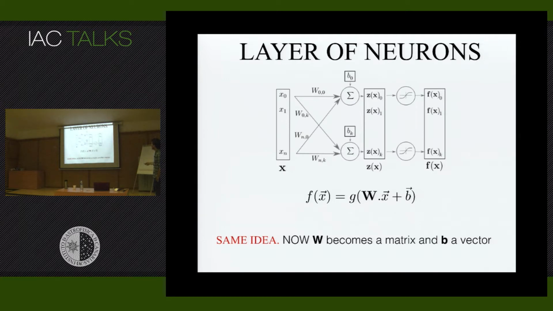But again, it's the same idea. This pointer doesn't work very well. This is W here, which becomes a matrix, but at the end it is the same thing. So every measurement here is multiplied by a series of weights, and then, again, bias and the activation function over here, and you have a series of outputs of every neuron over here.